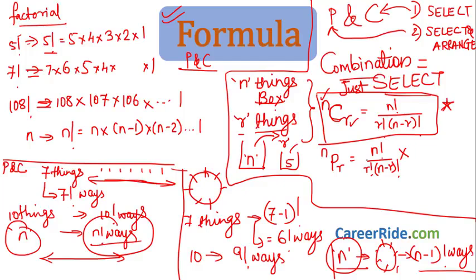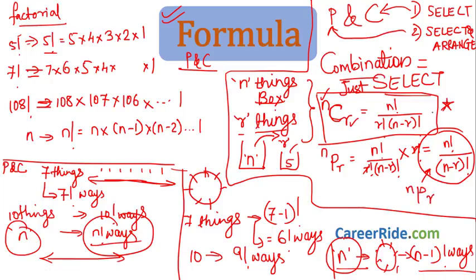Same way over here, if we are selecting r things and arranging these r things, that can be done in r factorial ways. So r factorial gets cancelled. What do we get? n factorial upon n minus r factorial. So this is the formula for permutation, nPr.